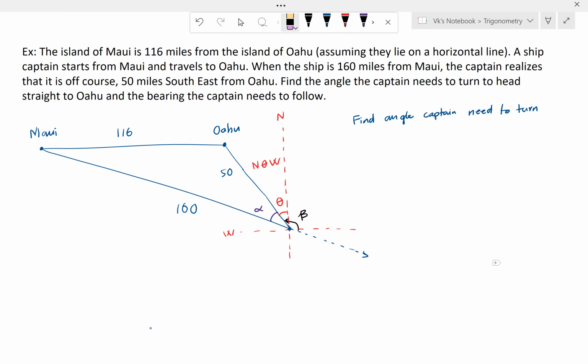To find the angle the captain needs to turn, we have to find beta. Unfortunately, beta is not in the triangle, so we can create an angle alpha inside the triangle so that beta and alpha form a straight line. Once we get the angle alpha, we can figure out beta because the sum of them is 180 degrees.